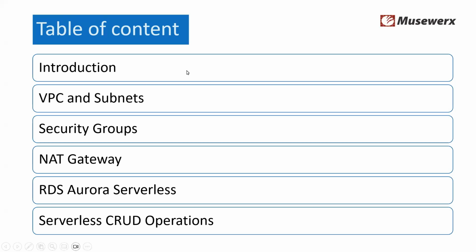So today's talk, we are going to start with an introduction of what the project is all about, VPCs, what are VPCs and subnets, introduction to security groups, what is a NAT gateway, what is the AWS native database for serverless operations, and how to implement it on a serverless side.